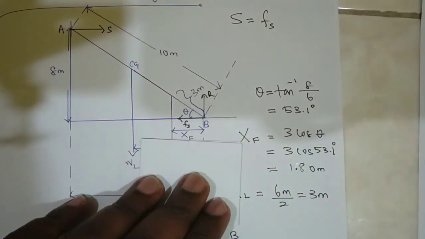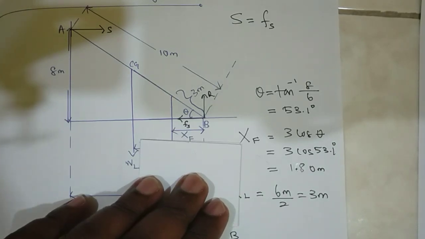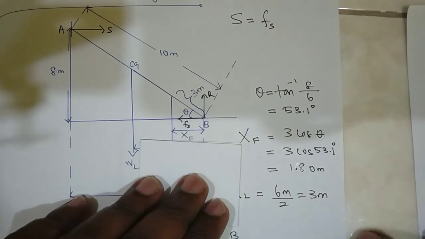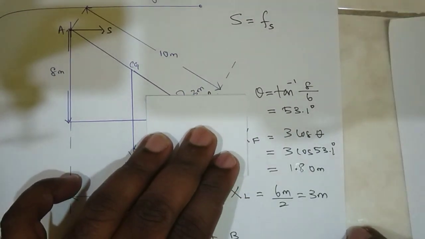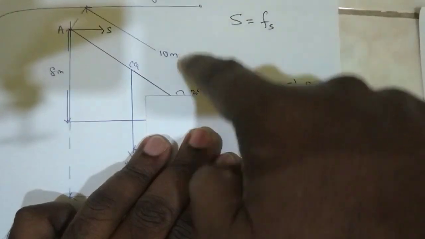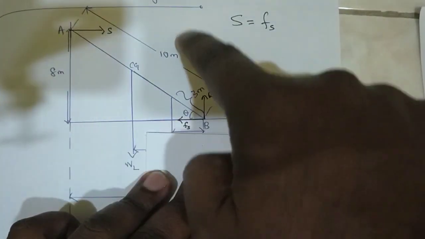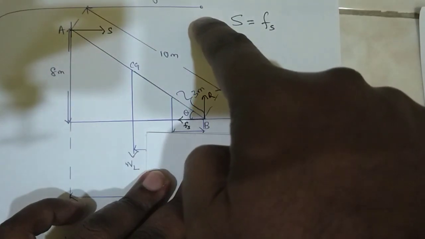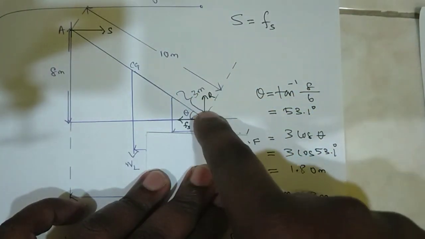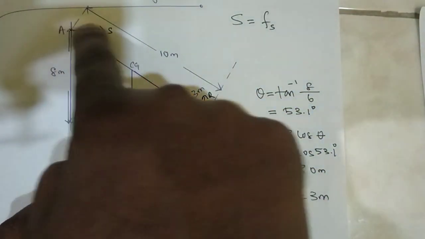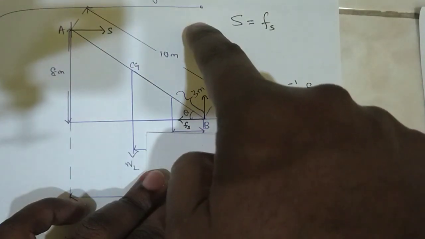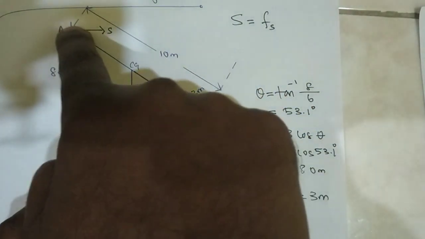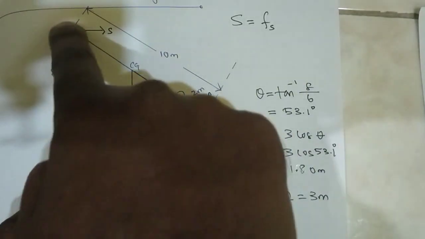Torque is the product of force and the perpendicular distance from the axis of rotation. For clockwise, it means S times 8 meter.